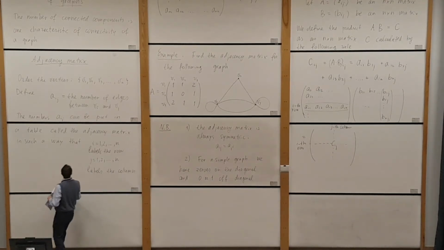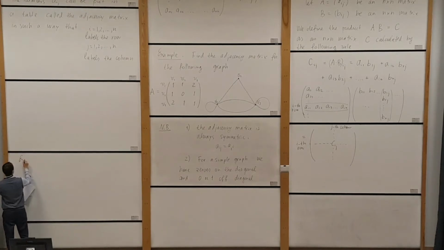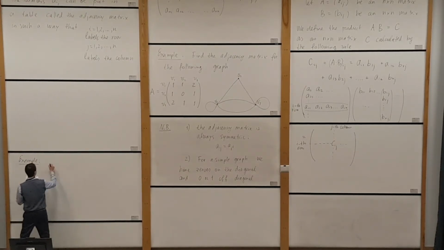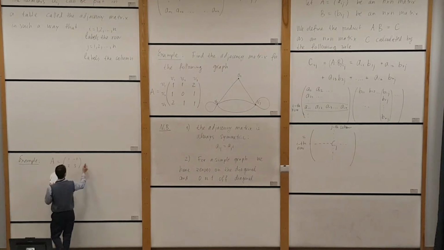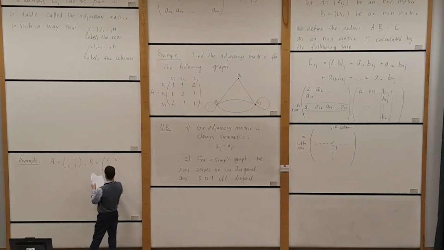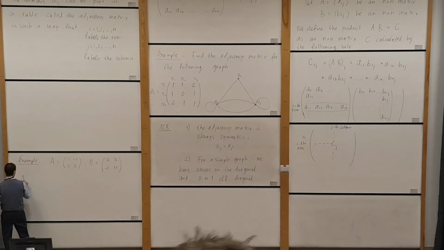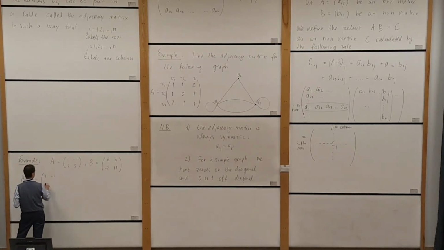I'll do a product of 2 by 2 matrices, just to illustrate this concretely. Let A be the following 2 by 2 matrix with entries 1, minus 1, 2, 3, and B also a 2 by 2 matrix with elements 6, 3, minus 2, 11. So if we want to multiply A times B, I write the two matrices next to each other.